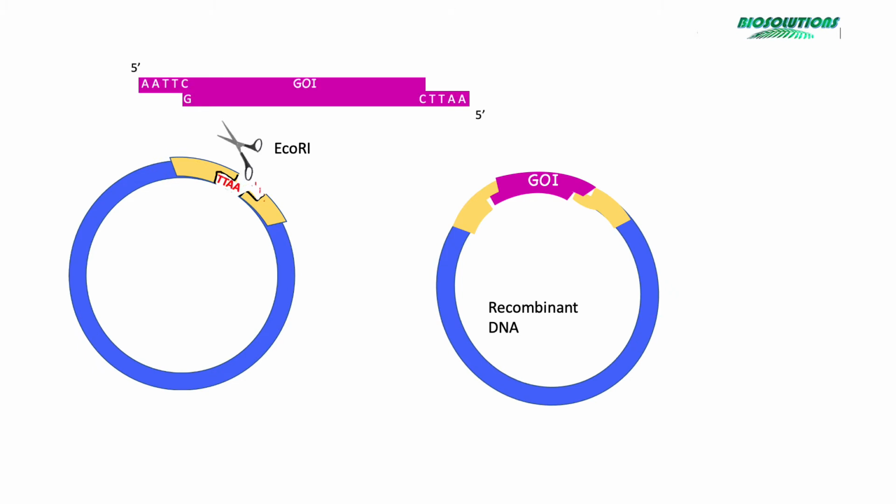If these sticky ends come across other complementary sticky ends, they make hydrogen bonds between them and can be glued or ligated by another set of enzymes called ligases. Ligases recreate phosphodiester bonds between both the DNA fragments. The new combination is therefore a recombinant DNA.